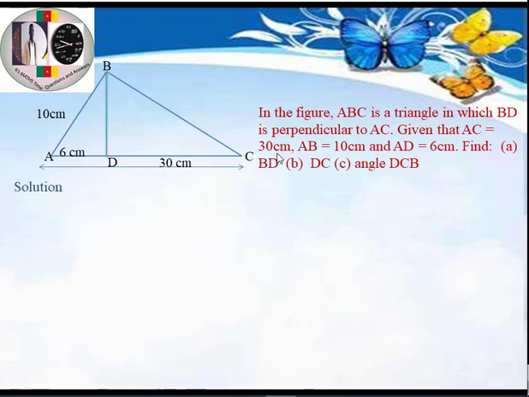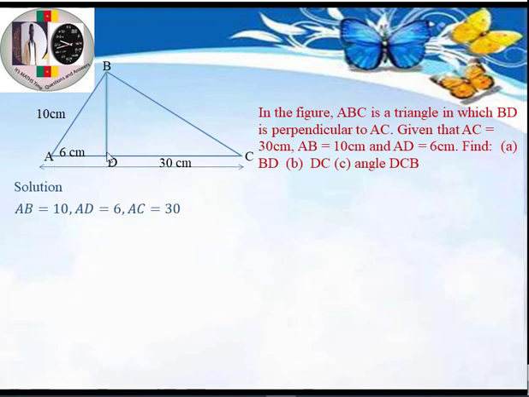Okay, the solution for question A is that AB is 10, AD is 6, and AC is 30. So we are looking for the side BD. We know the hypotenuse, which is 10 centimeters. We know this side AD, which is 6 centimeters.